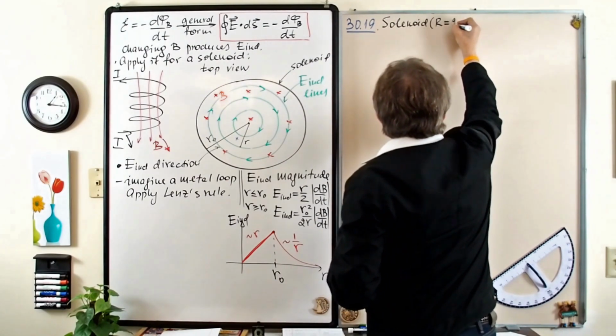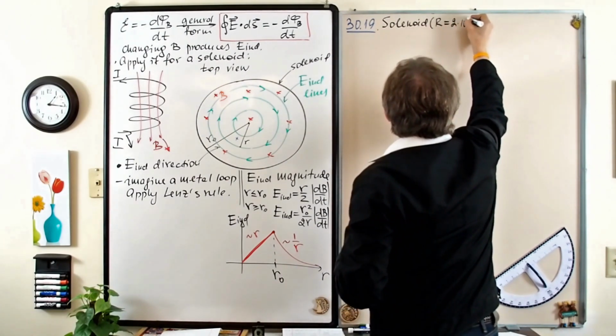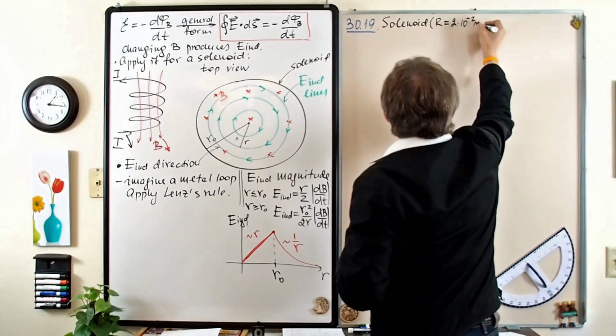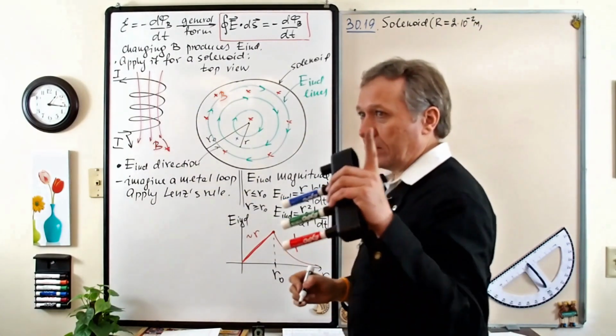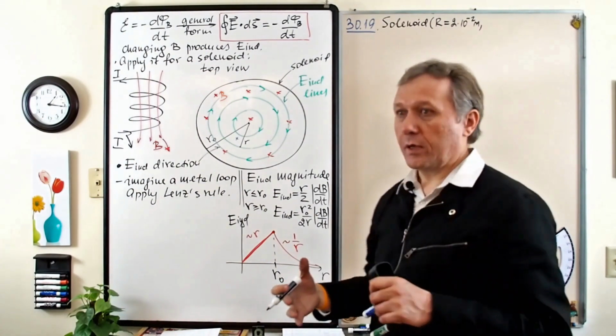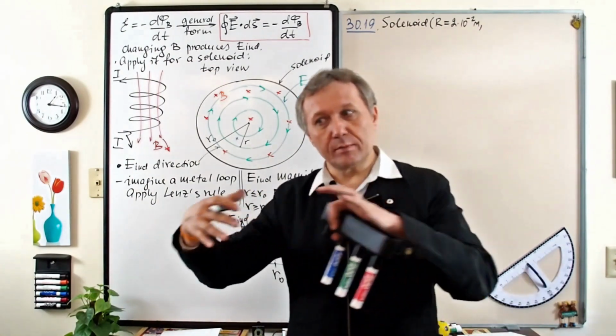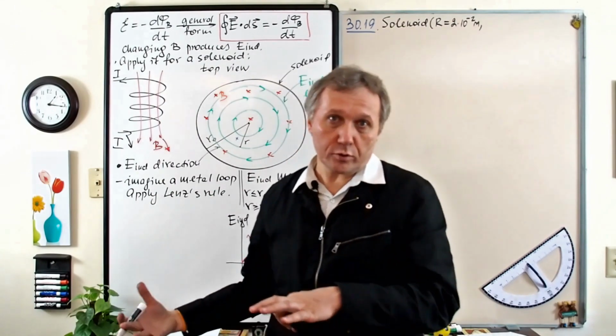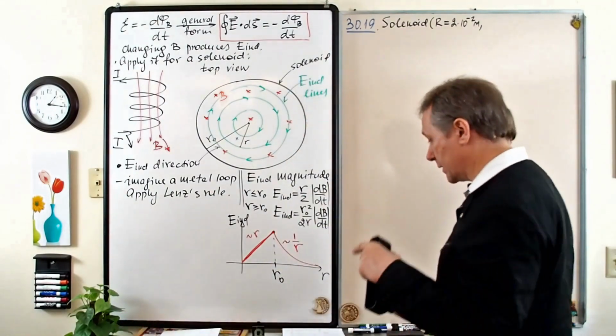r equals 2 times 10 to the power of minus 2 meters. All right, then magnetic, so current of course changes through the solenoid. Current is going down. As a result, the magnetic field inside of the solenoid is also going down, and the rate is given.